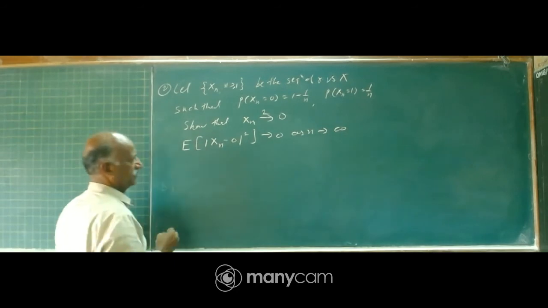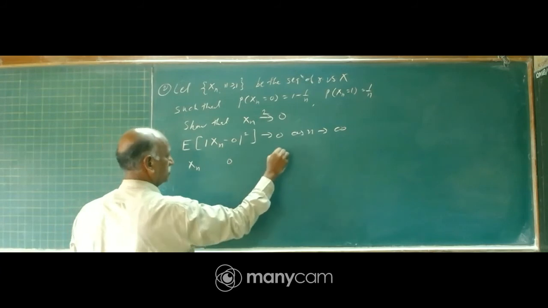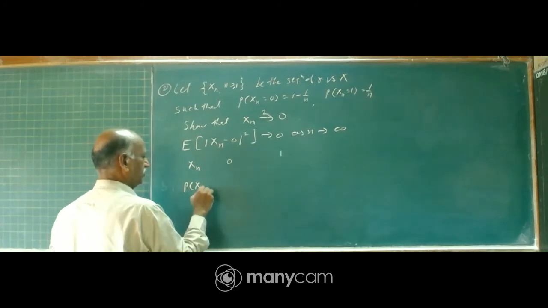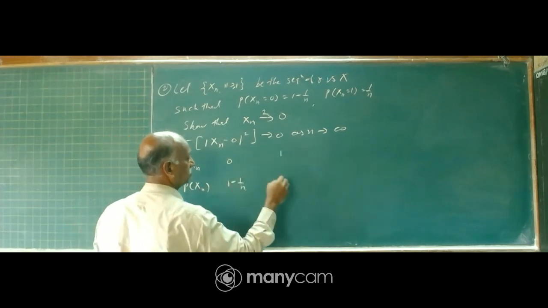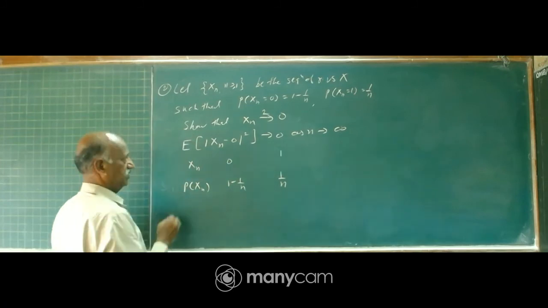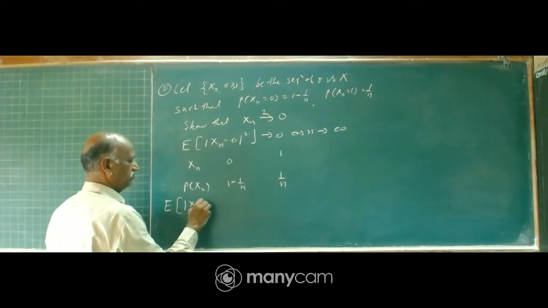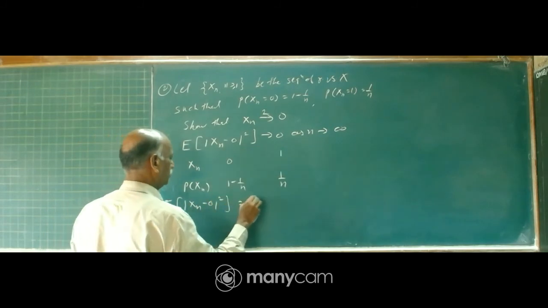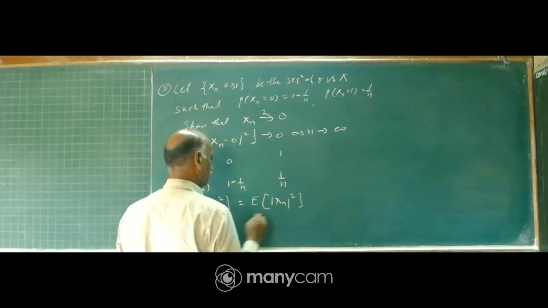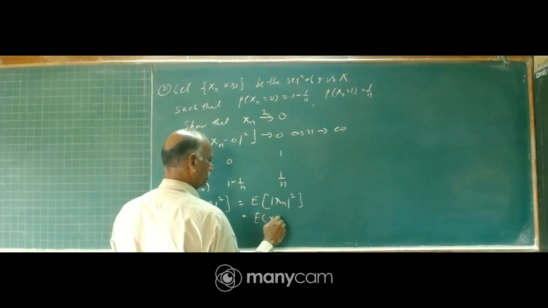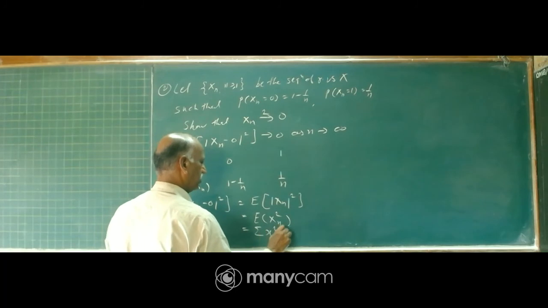For that, first write the probability distribution: Xn takes value 0 with probability 1 minus 1 by n, and value 1 with probability 1 by n. Now consider the expected value of modulus of Xn minus 0 raised to 2, which is equal to the expected value of Xn square, which is the summation of Xn square P(Xn).